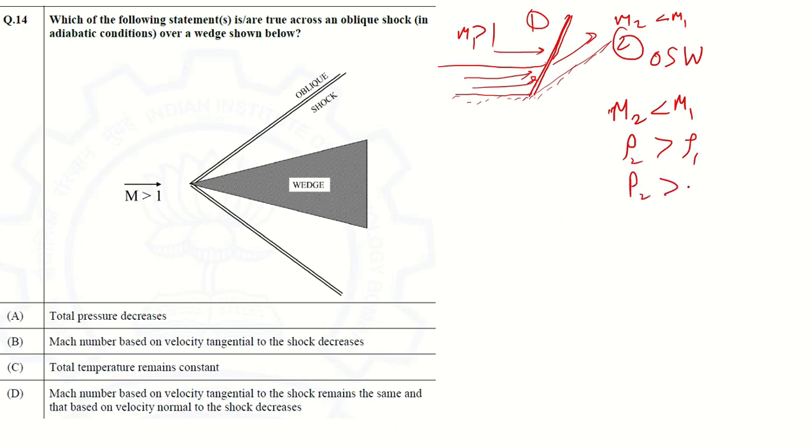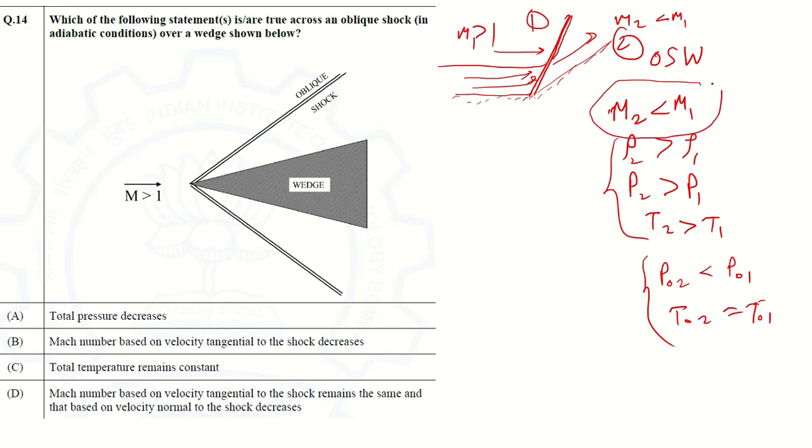P2 is greater than P1, T2 is greater than T1, but P02 is less than P01, the total pressure, and T02 is equal to T01. These conditions are the same, and if M2 is less than M1, that is V2 is less than V1, obviously. So this is the condition for an oblique shock wave.